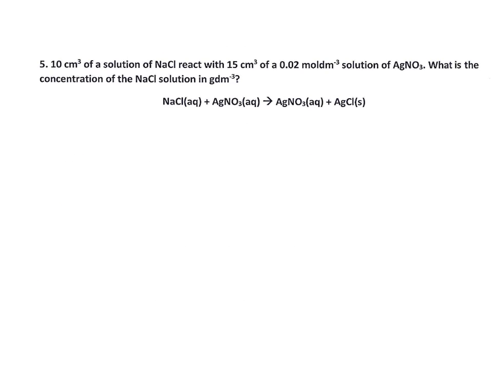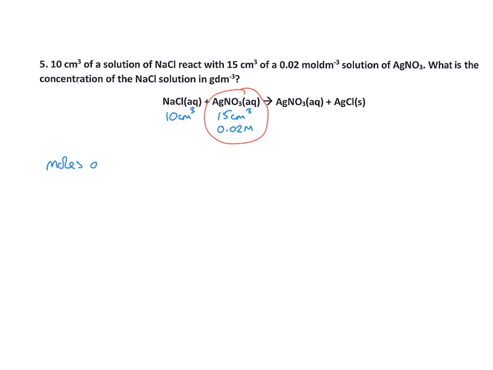So we've got 10 centimetres cubed of a solution of sodium chloride, which reacts with 15 centimetres cubed of a 0.02 molar solution of silver nitrate. What is the concentration of the sodium chloride in grams per decimetre cubed? So we're going to work it out in moles per decimetre cubed first and then convert it. But we will start with the silver nitrate because that's the one we've got the most information about.